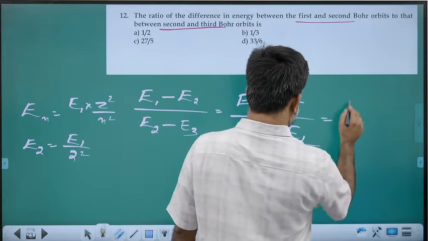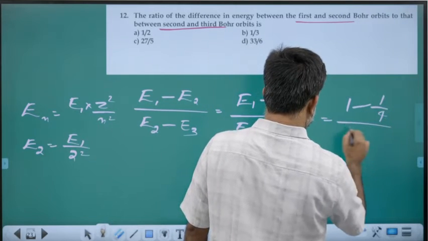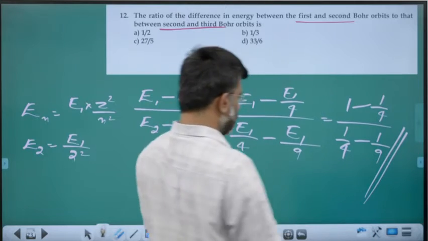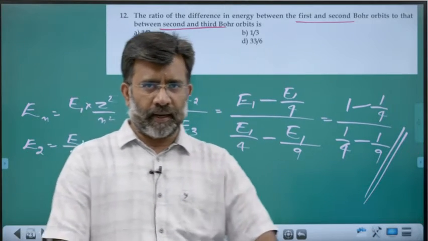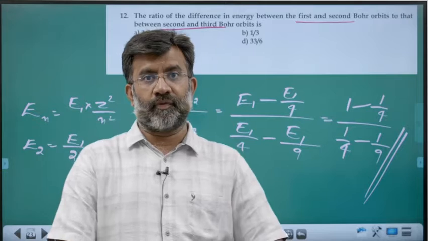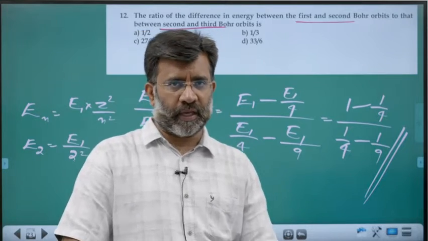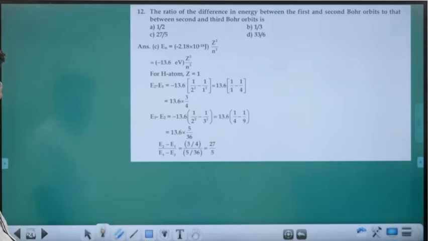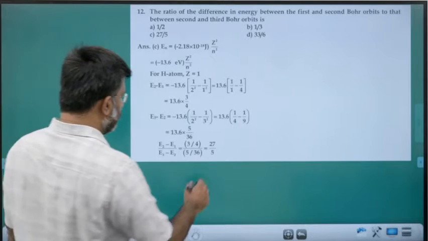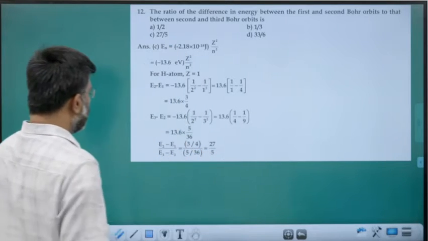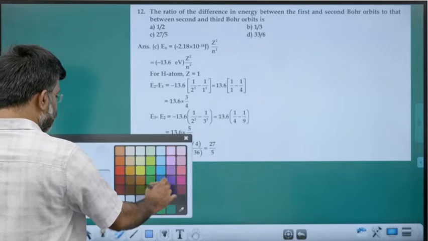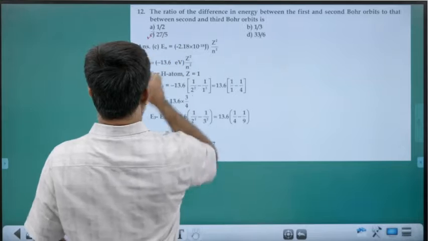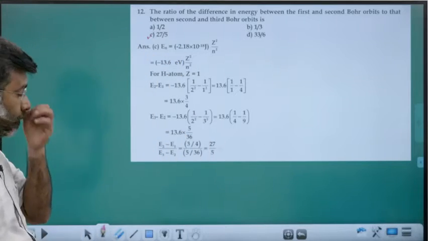So what do you get? 1 minus 1 by 4 by 1 by 4 minus 1 by 9. That is the answer, and that will take you to 27 by 5. You will get 27 by 5. Which choice? Option C, 27 by 5.